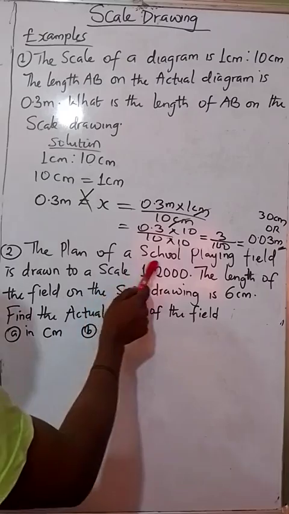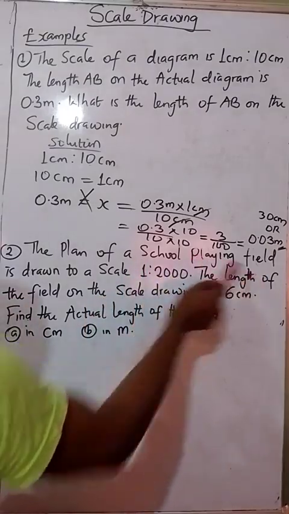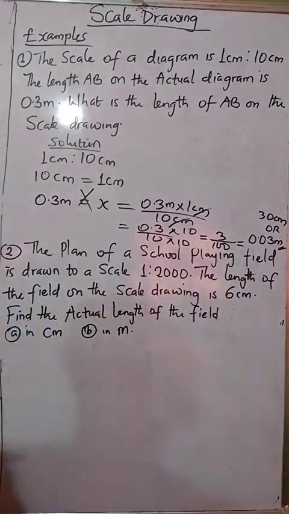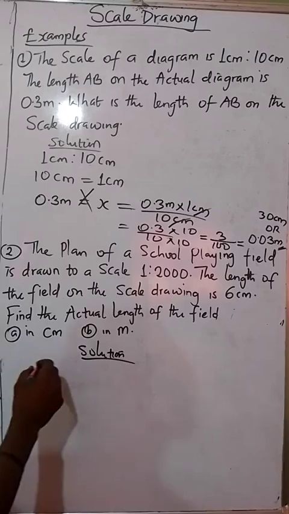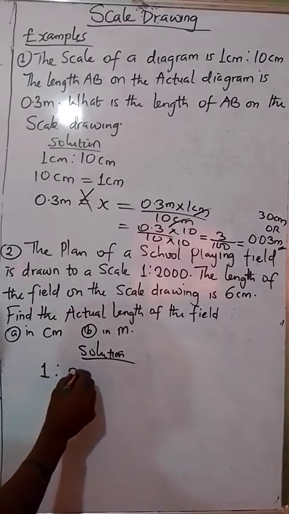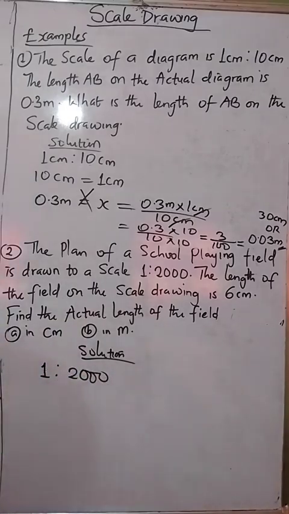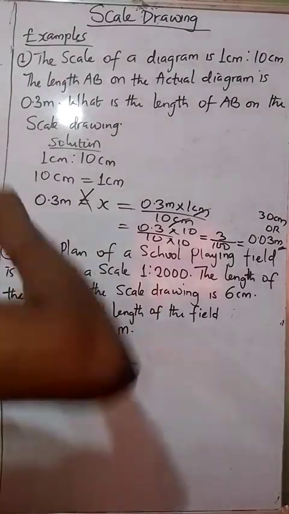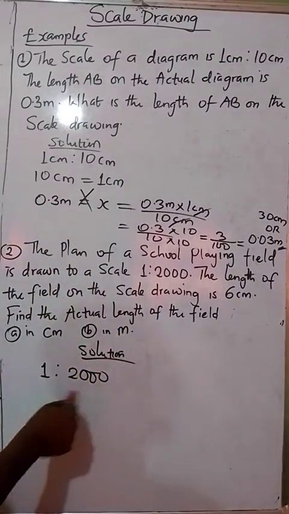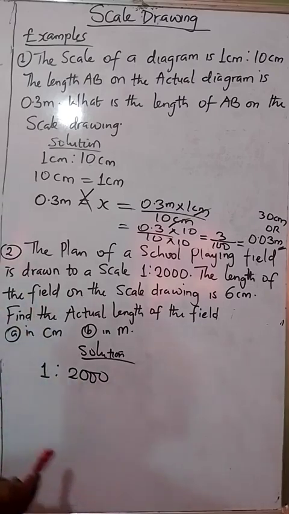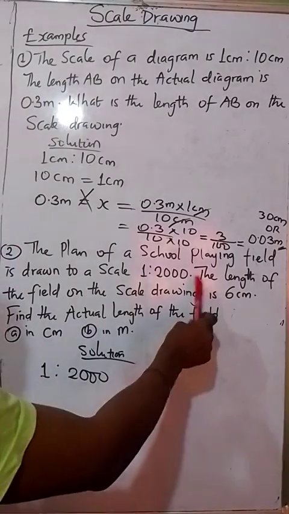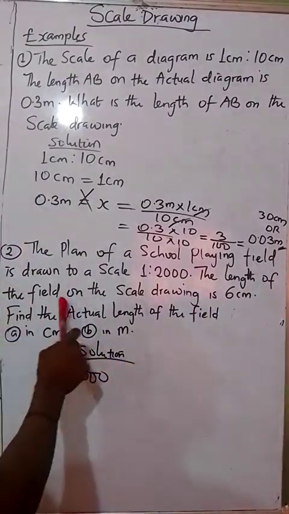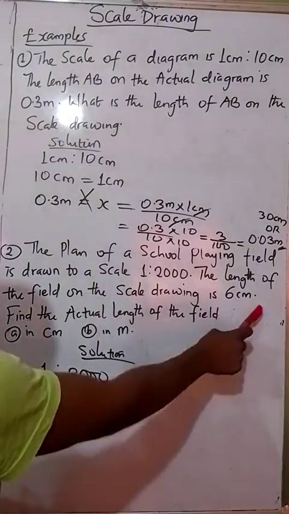The plan of a school playing field is drawn to a scale of 1:2000. Meaning that the actual is represented with 2000, and the scale drawing is represented with 1. You have to find the length of this field; the length on the scale drawing is 6.